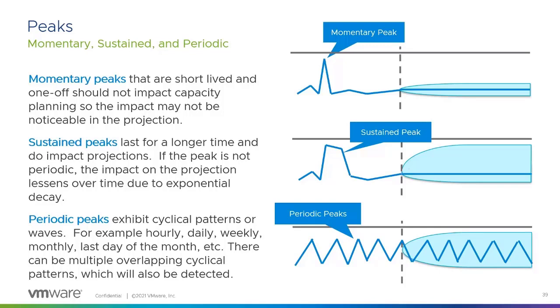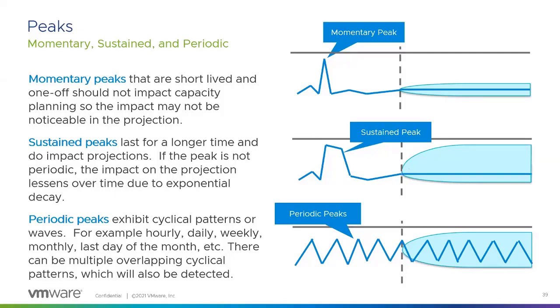It looks like it's one-off. Whatever happened, it just happened that once, and it never happened again. Those kinds of peaks, which we call momentary peaks, in general should be ignored because when you look at the historical utilization, it doesn't look like that's important.